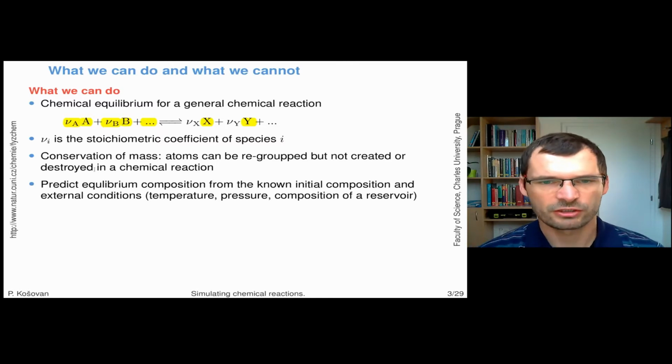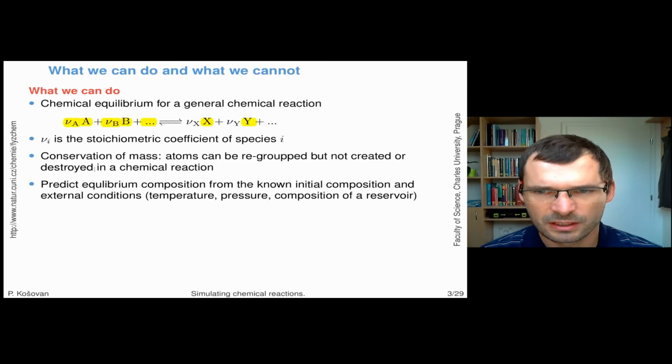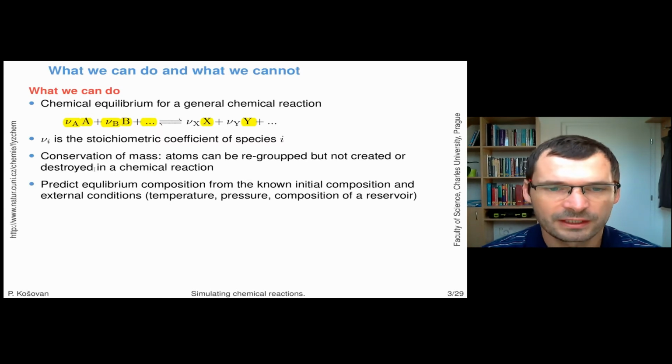There is a conservation of mass in this system, which means that atoms can be regrouped in a chemical reaction. They can form different molecules, but they cannot be created or destroyed.